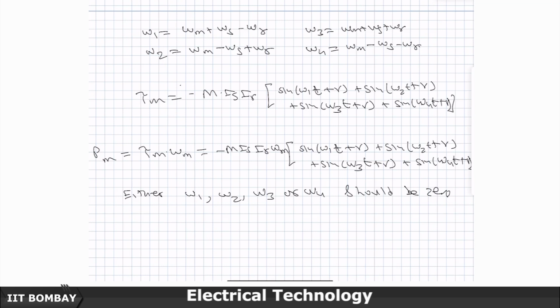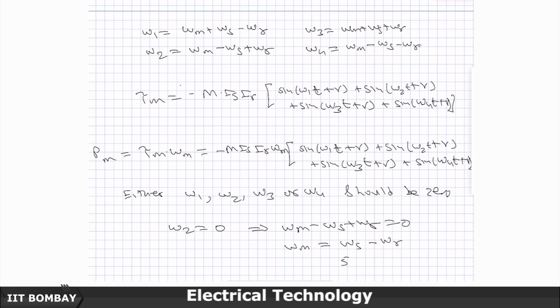discuss synchronous machines and induction machines, what happens in our construction is that omega 2 goes to 0, which is to say that omega m minus omega s plus omega r goes to 0, which is to say that the speed of rotation is exactly the difference of the stator excitation frequency and the rotor excitation frequency.